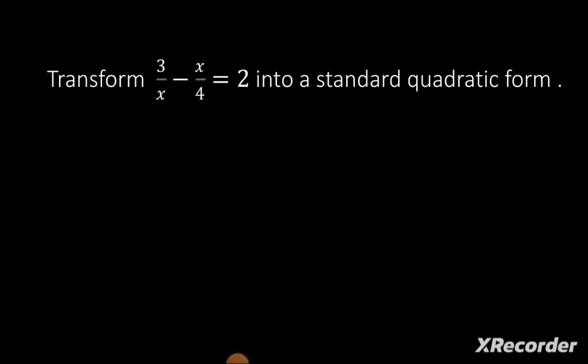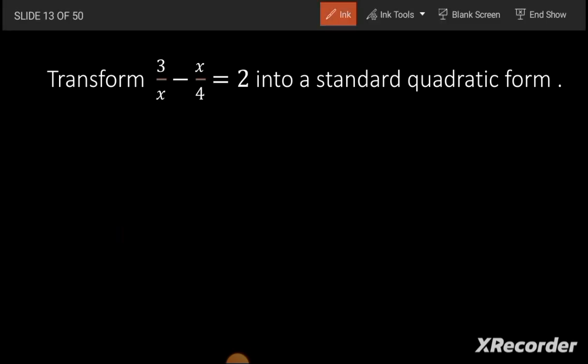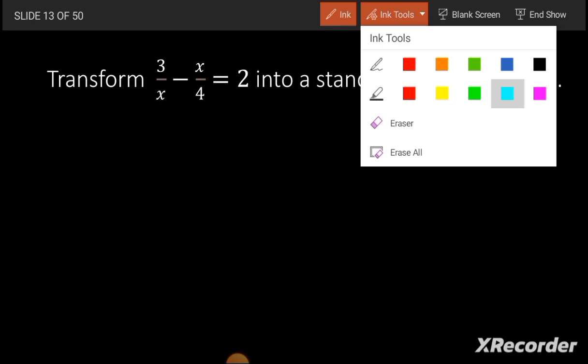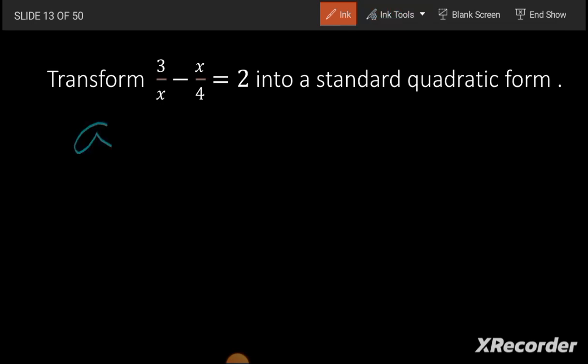Okay, in this next question, transform 3 over x minus x over 4 equals 2 into standard quadratic form. So, gagawin natin siyang nasa form na a x squared plus bx plus c equals 0.